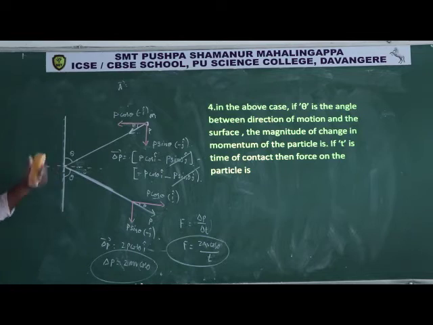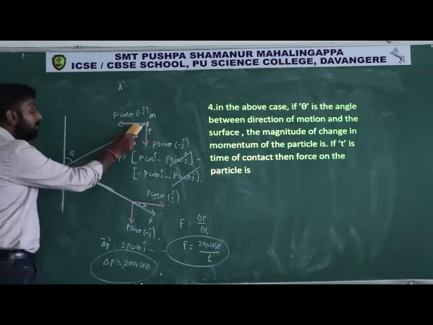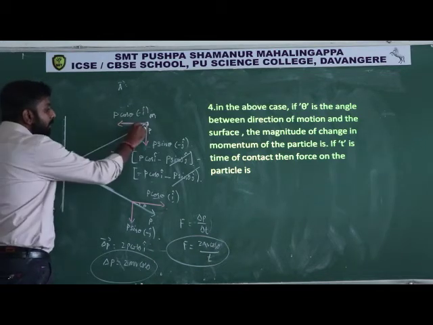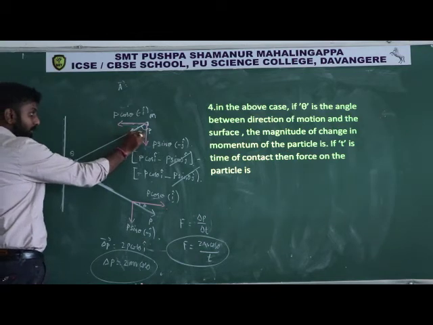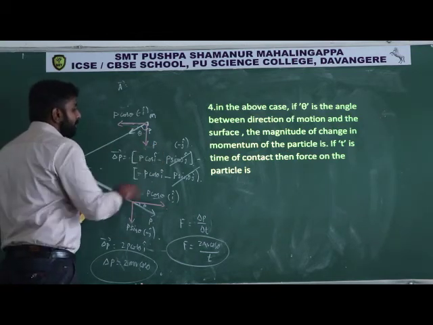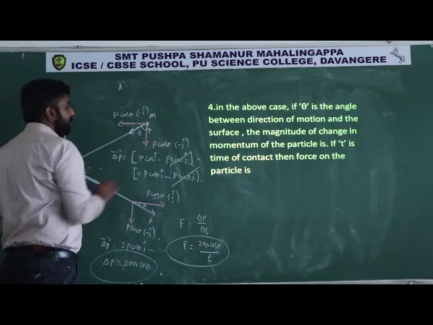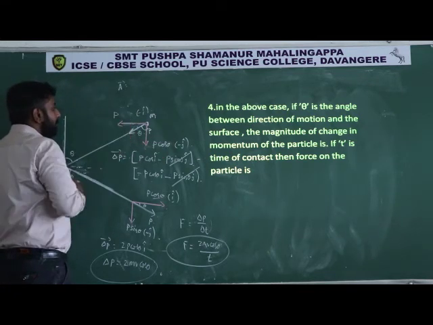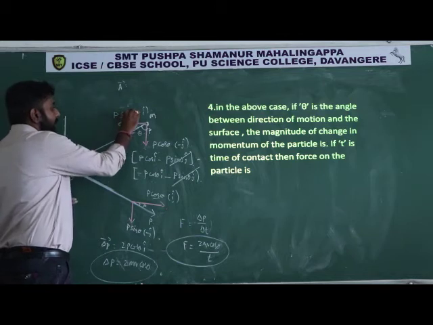Read the question carefully. If I consider this angle as theta, then this will not become theta from the diagram, now this will become theta. Then this will become the cos component, P cos theta, and the other component becomes P sin theta.